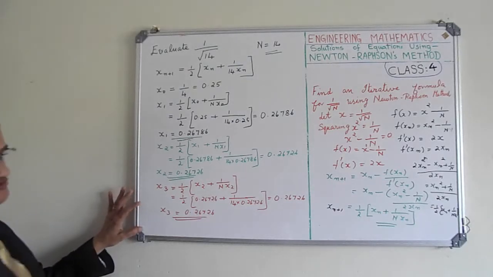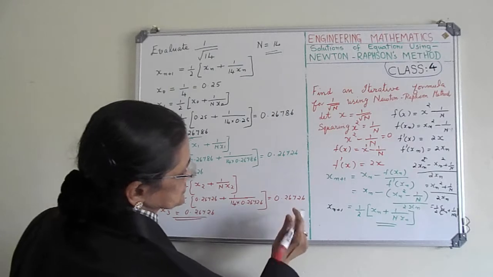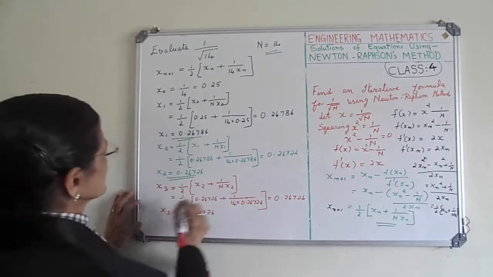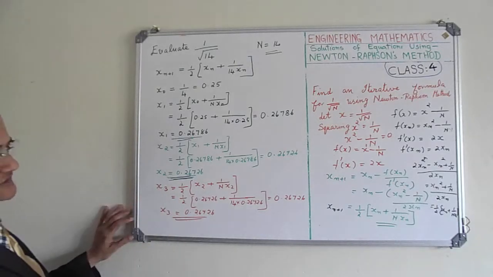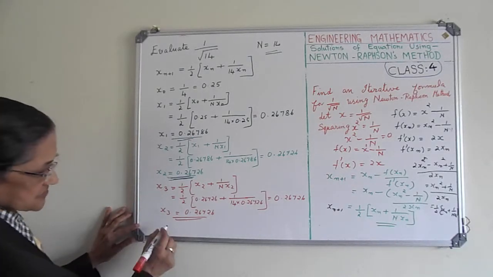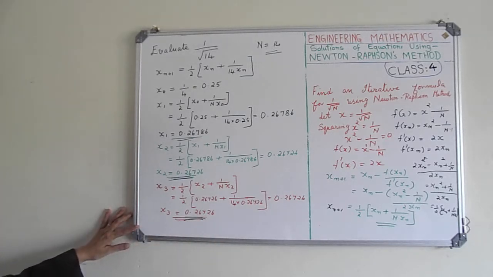When you simplify this, you will get the value as 0.26726. See, the value of x2 is 0.26726. What is our x3? 0.26726. They are equal, right?